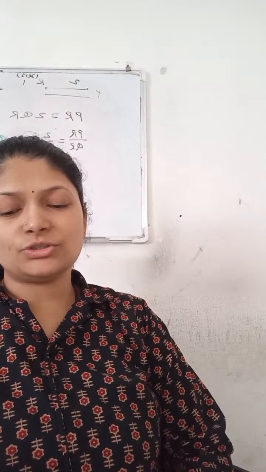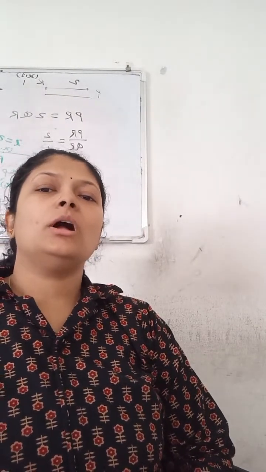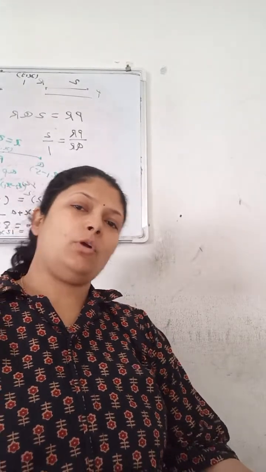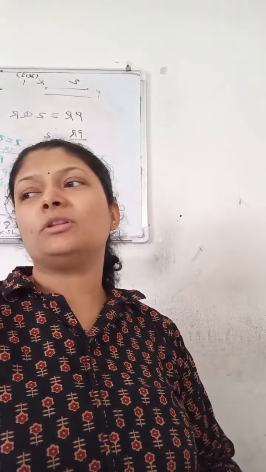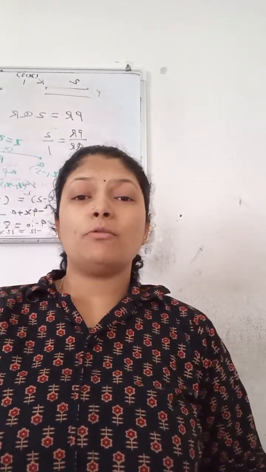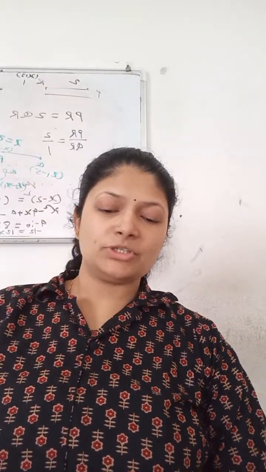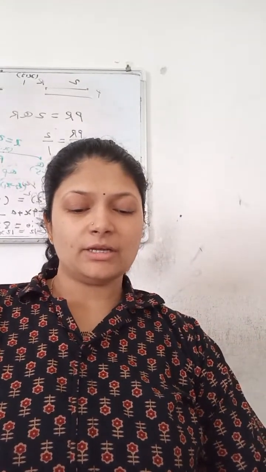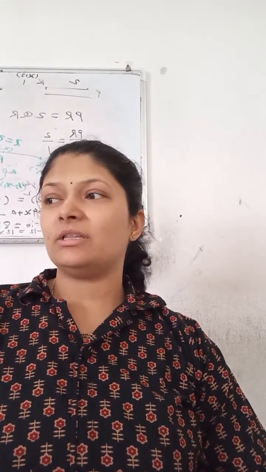Now next question, how do fungi grow on bread? Write down how fungi grow on the bread. Due to spore formation, or we can write that fungi grow from the spores which are present in the air.